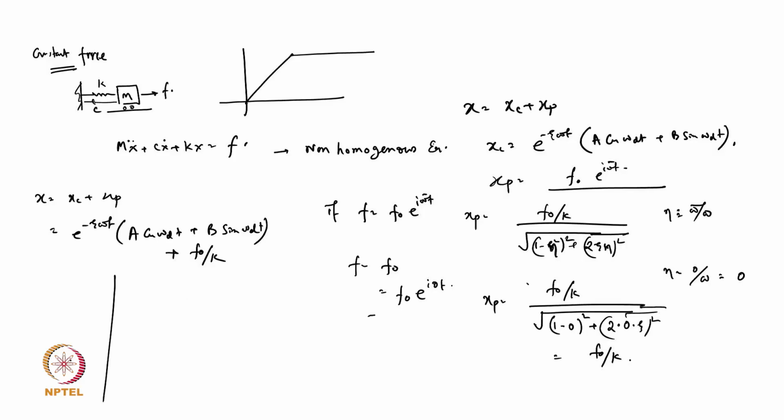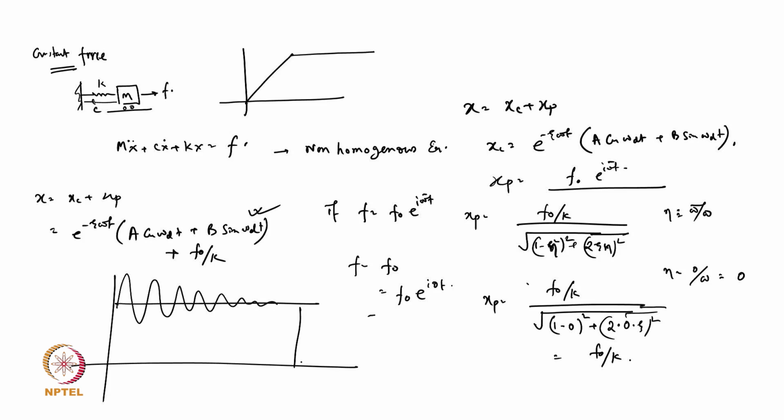So this response, how can we easily draw it? We know this response. You can just shift it. Done. Not a big deal. So what you said is very correct, that it goes like this, and then it will come.